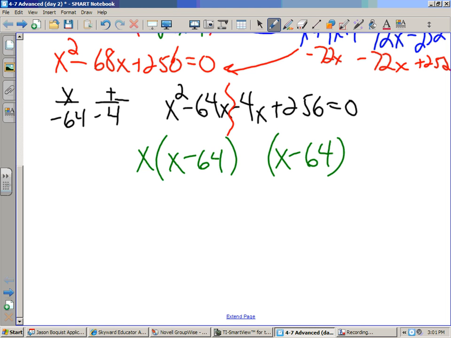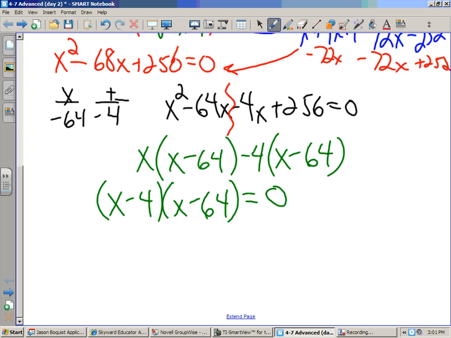What has to get out of there? Negative 4. So your factors are x minus 4, x minus 64, and let's not forget this is supposed to equal 0. So set this one equal to 0. You get x equals 4. That equals 0.